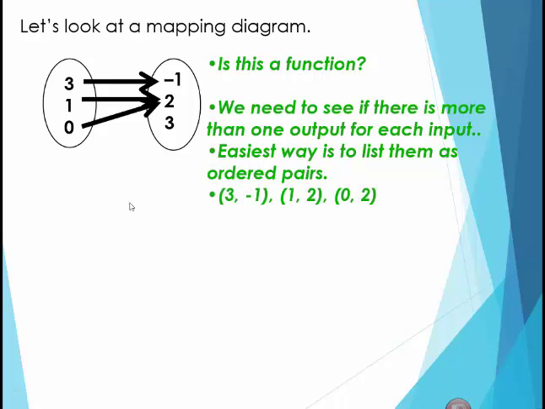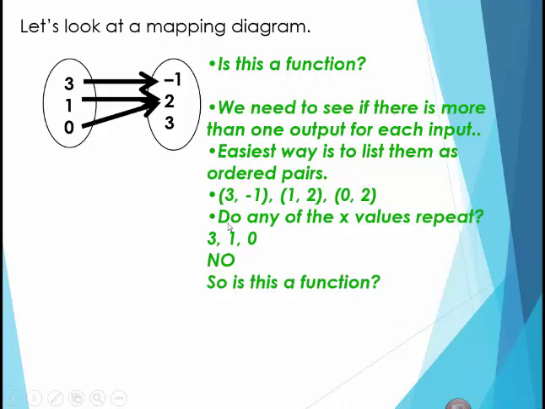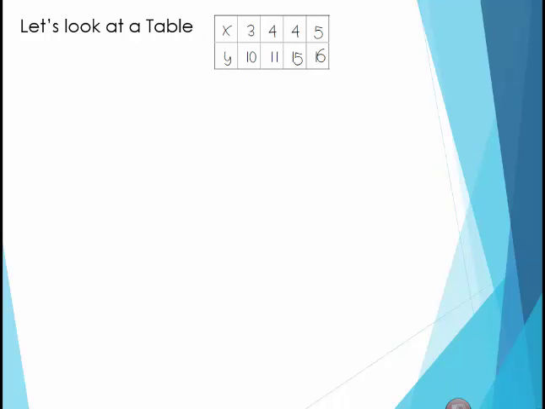You look to see if the x's go to only one y. So looking at the ordered pairs 3, -1, 1, 2, and 0, 2, do any of my x's repeat? Nope, x's don't repeat. So is it a function? Yes. You don't have to copy that down either.